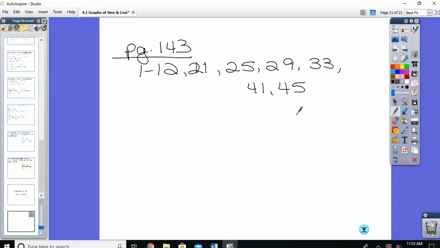You might be able to do them, but we will look at those two on Monday and then go ahead and start section 2. So this will technically be due on Tuesday, but I would recommend maybe doing everything except the last two. 1 through 12, again, just matching, so there's only 4 that you're actually drawing your own graphs.